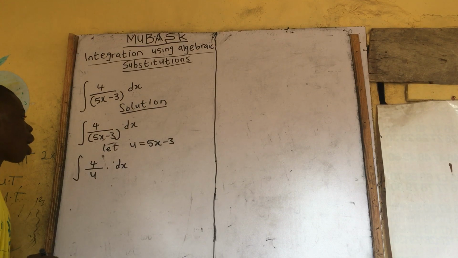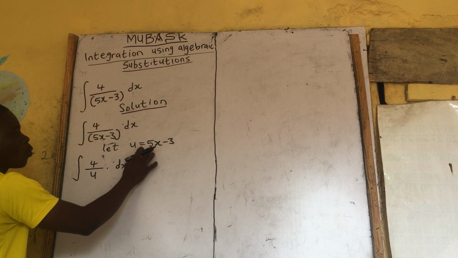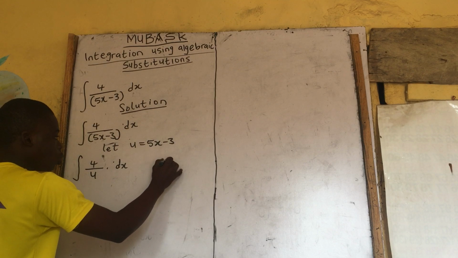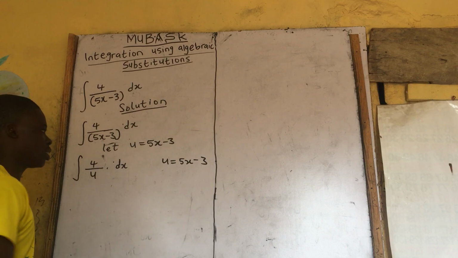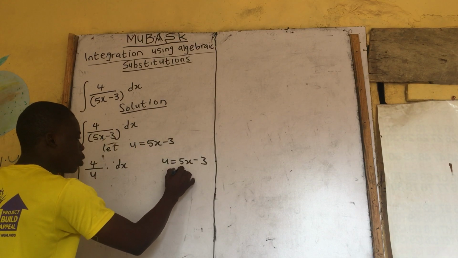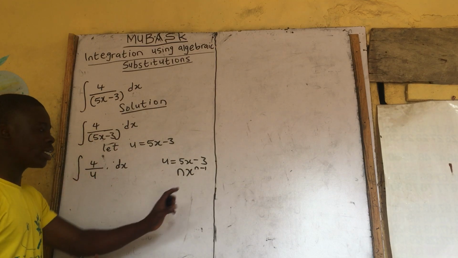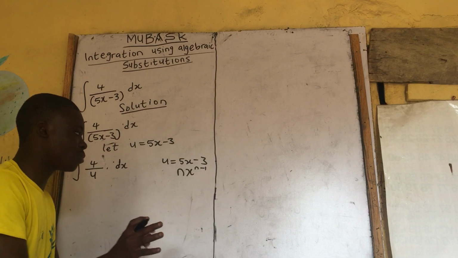So the next step to apply to this problem is to differentiate. u equals 5x minus 3. Let us differentiate it using the general formula, which is n x raised to n minus 1. This general formula is the simplest formula for differentiating.